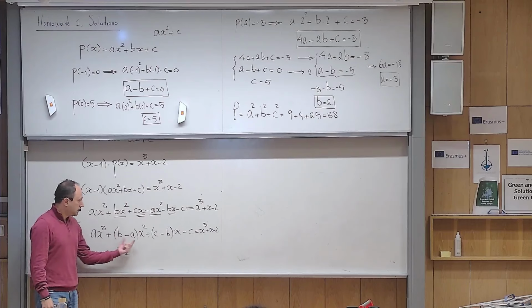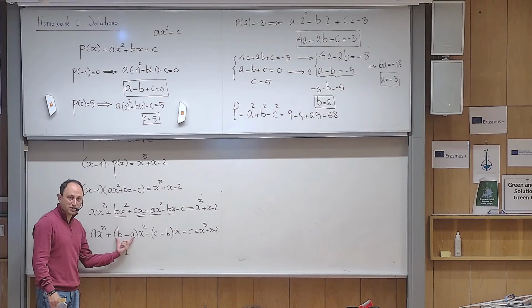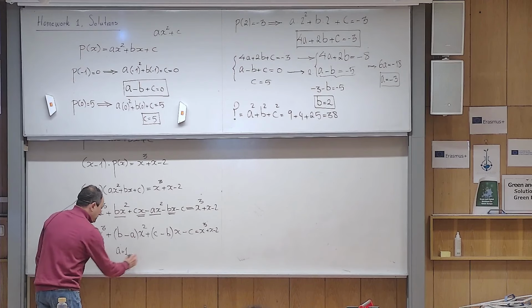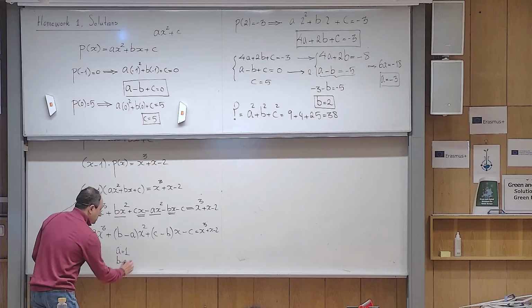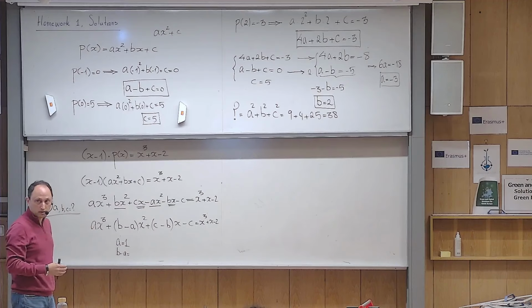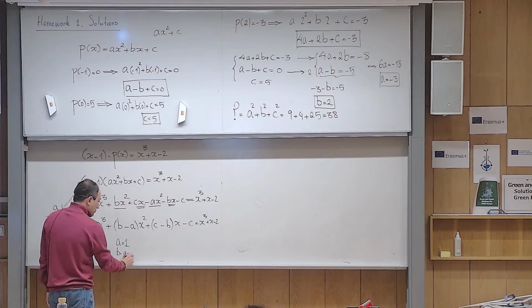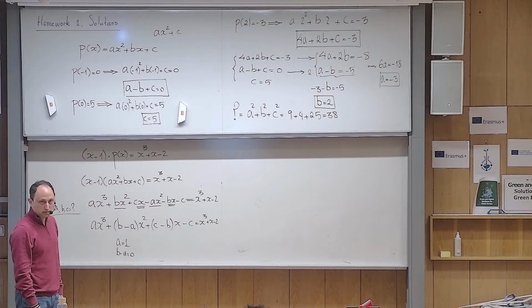So here, if I ask you what is the coefficient of x squared, what is the answer? b minus a as a whole is the coefficient of x squared. But what is the coefficient of x squared on the right? 0. There is no x squared there. So it means that I have to get rid of this term. So b minus a should be 0.